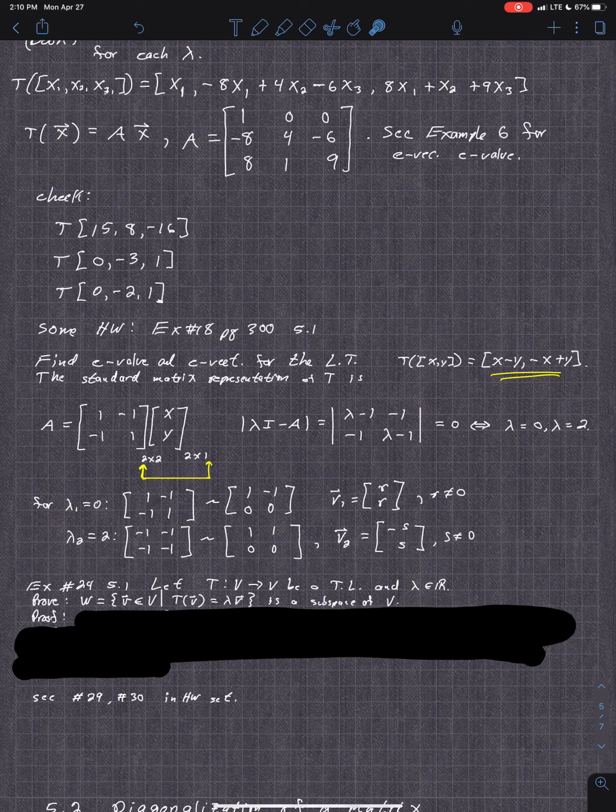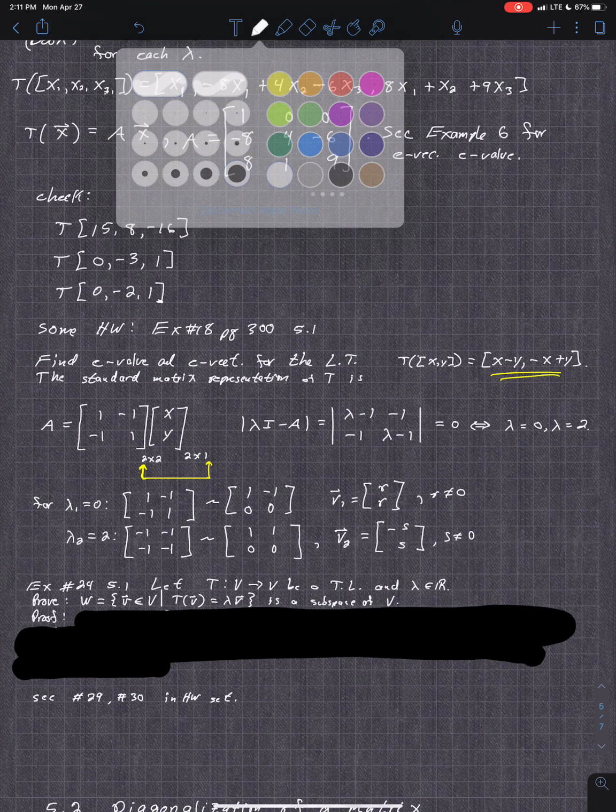If you work it out, and then go back to example 6 to find the eigenvalues and eigenvectors of the transformation of A. Once you do that, you'll see that these are the vectors. And then we'll see that you can do the product and get your transformation.